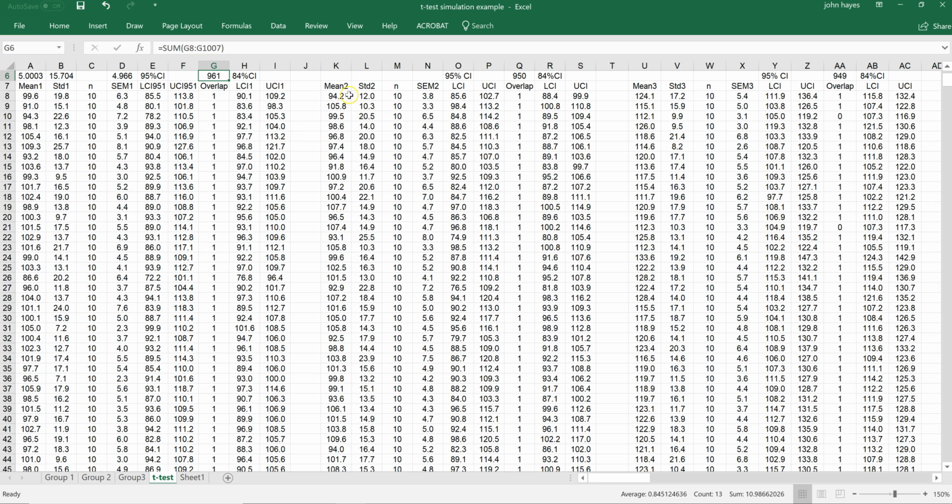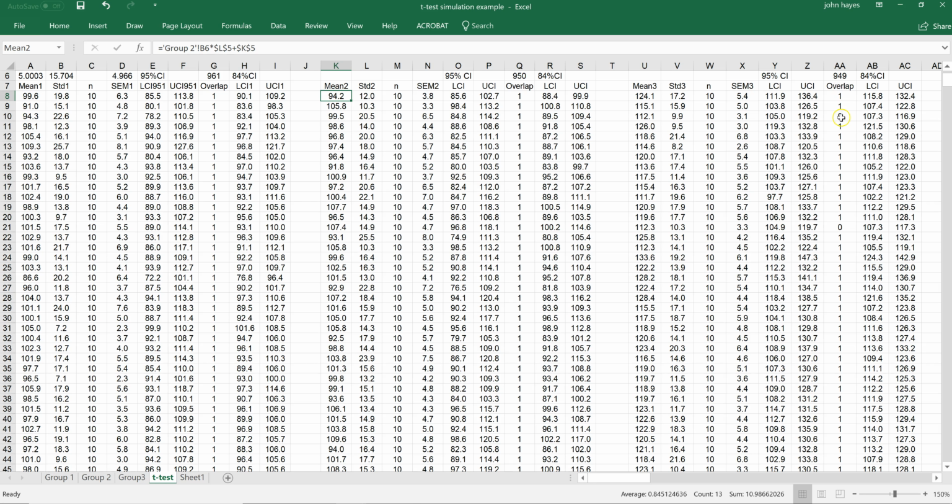All right. I also calculated 84% confidence intervals because of our Goldilocks rule that we'll address in a minute. I did the same thing with mean 2 and mean 3. Notice mean 2 hit 95% right on the nose for the confidence interval, and mean 3 came pretty darn close, 949.